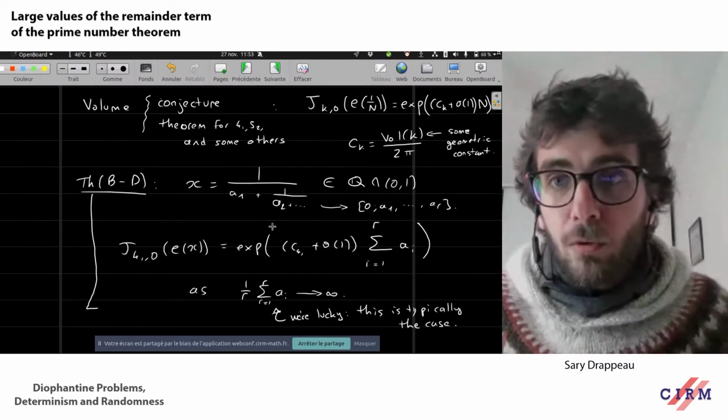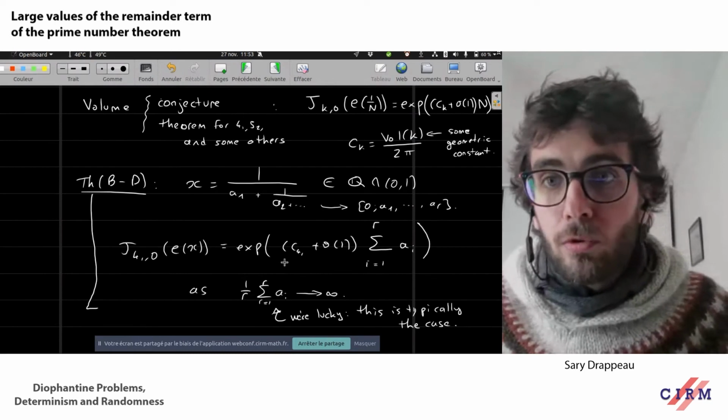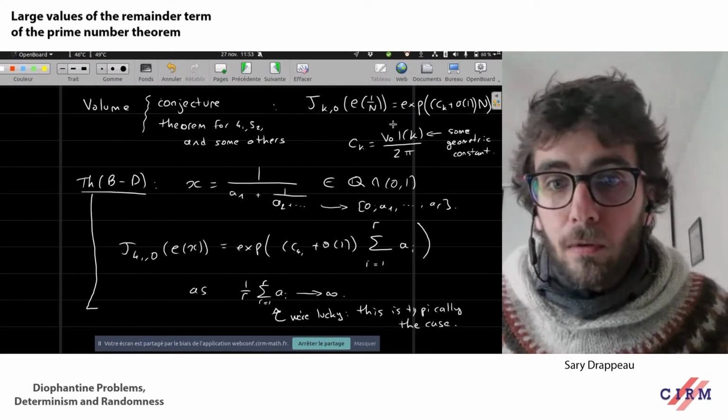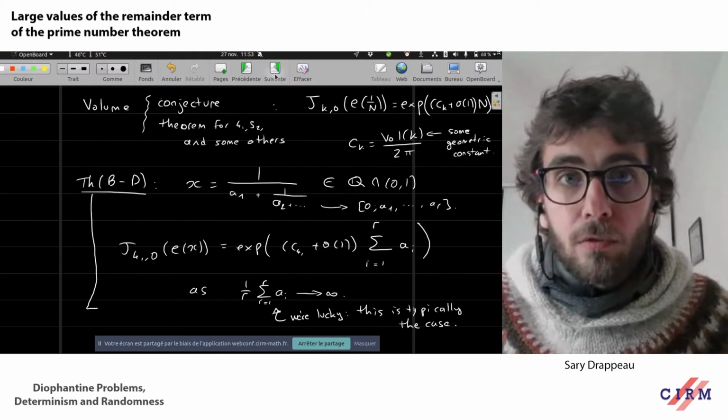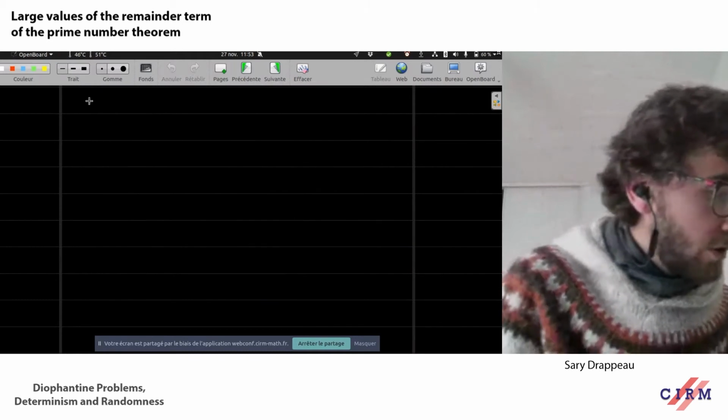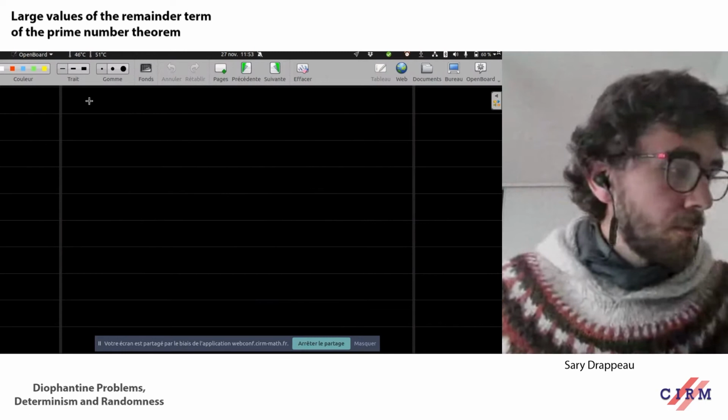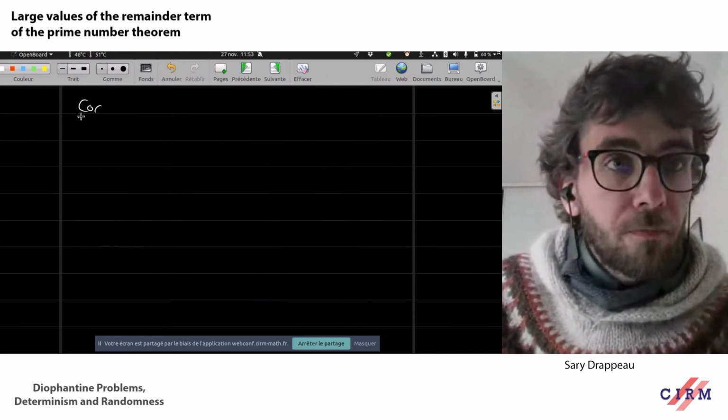Okay. If you take 1 over n, you obtain back this statement. But this in fact holds for many other rational numbers, and actually almost all in a certain sense. So that's a corollary.